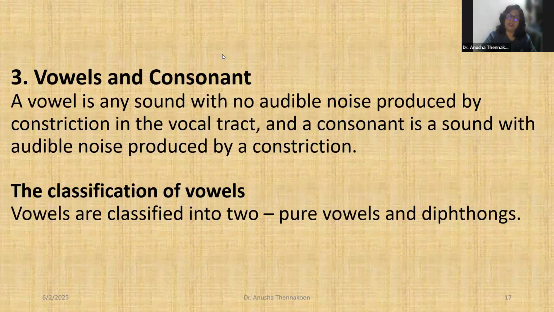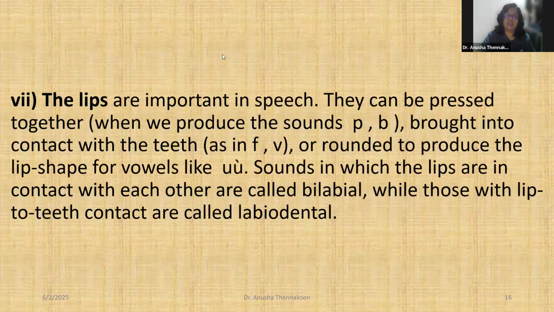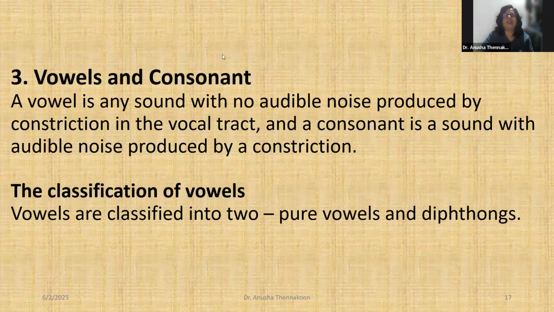They are the important sections in the oral cavity in the production of words. Now we are moving to vowel and consonant sounds, the classification of sounds actually. Just see.